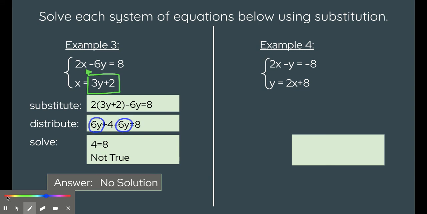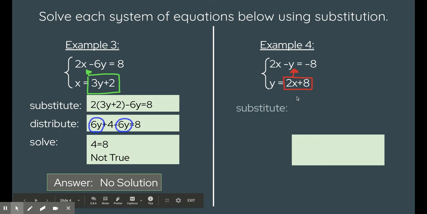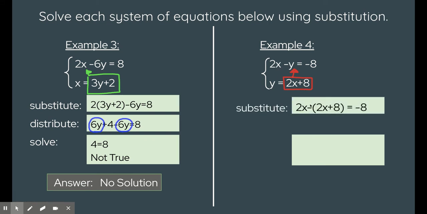Okay, coming over here to the next one. Y is all by itself, and it equals 2x plus 8. So I'm going to plug in 2x plus 8 right here. And this one's a little tricky because when I substitute it in, I'll have my 2x minus, instead of y, I'm putting 2x plus 8 in parentheses.